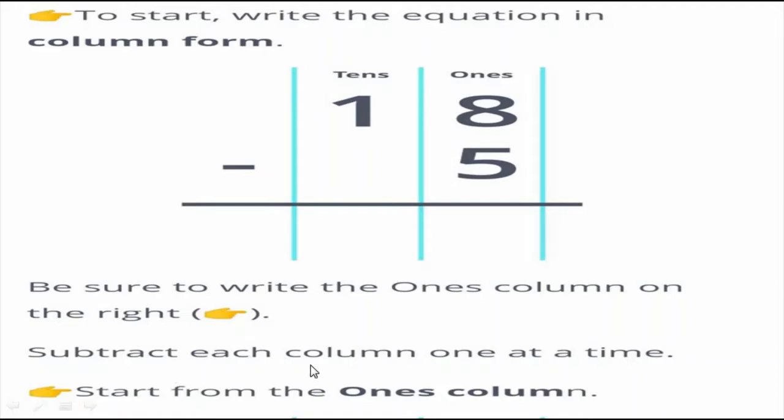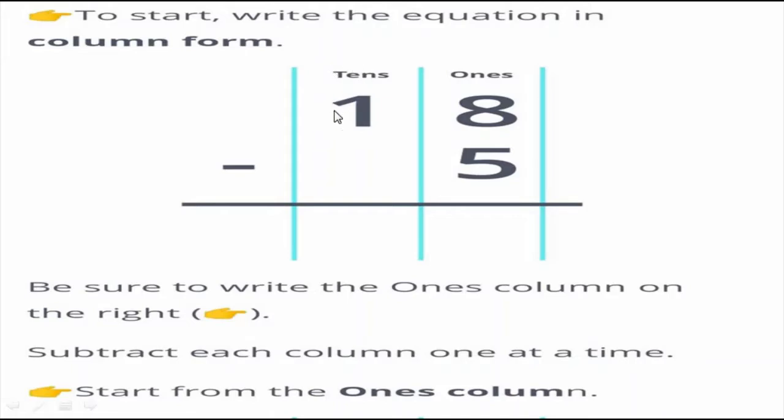Subtract each column one at a time. Start from the ones column. We have to keep this in mind while doing double digit sums, that compulsory we have to start our counting from the ones column.